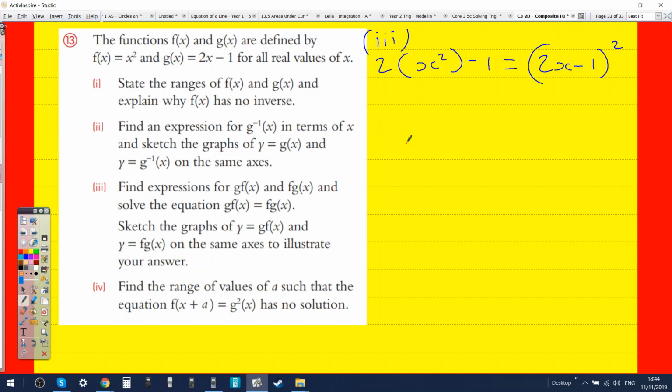Yeah, or actually multiply out the left hand side, so 2x squared minus 1. And the right hand side would be 4x squared minus 4x plus 1, or something like that. Yep. And then you make it equal to 0, and it would be a quadratic. Yeah, and just go from there.